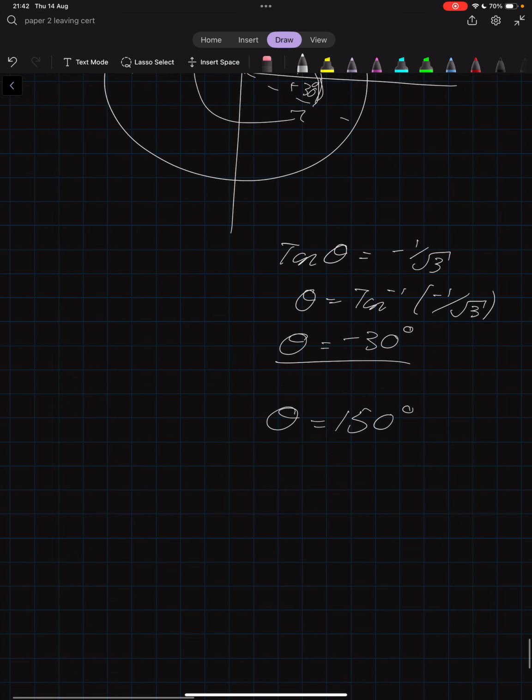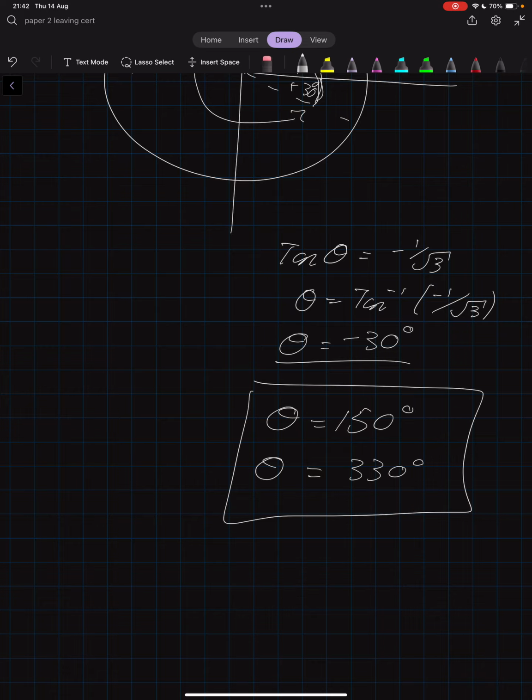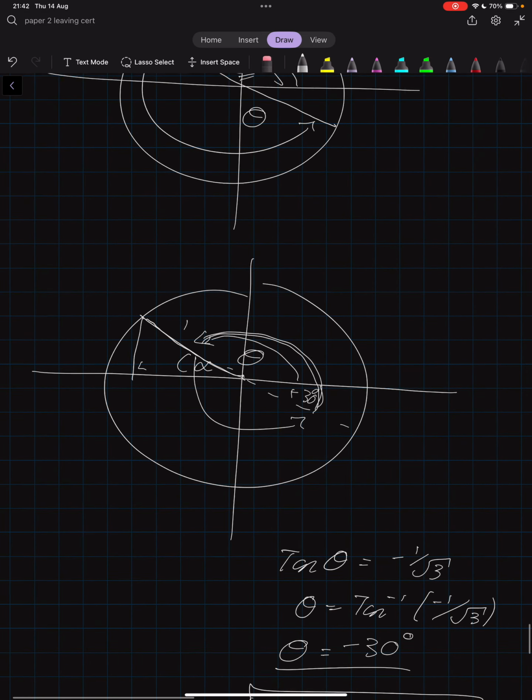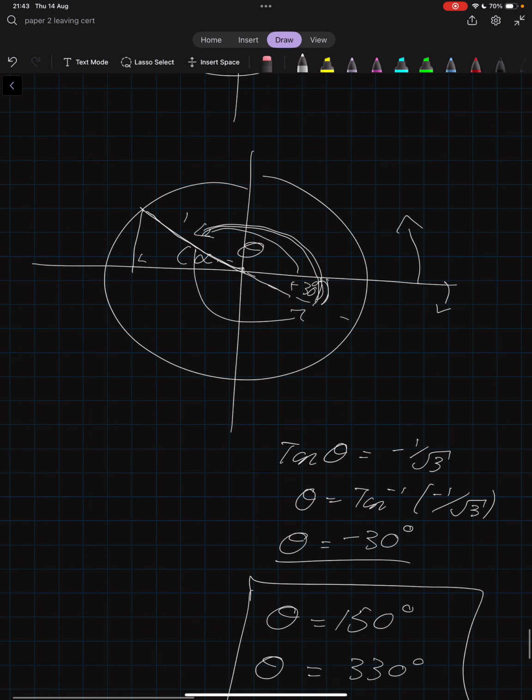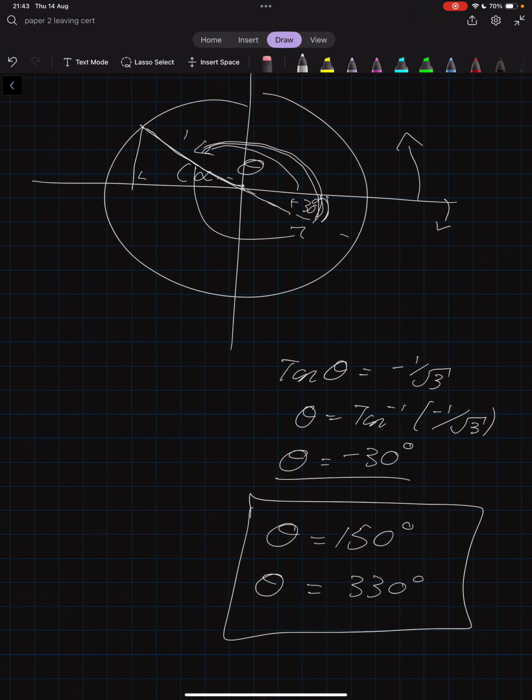If you add 180 again, you get 330. So you plug it into your calculator, you get minus 30. That gives you this angle, but that's not the angle I want. The reason there's a minus there is because you're going down. Plus angles go this way, minus angles go down. But you know that this is 30 down here, and this is a straight line, which means the whole thing is 180. So if that's 30, theta has to be 150, and then the other one has to be 330.